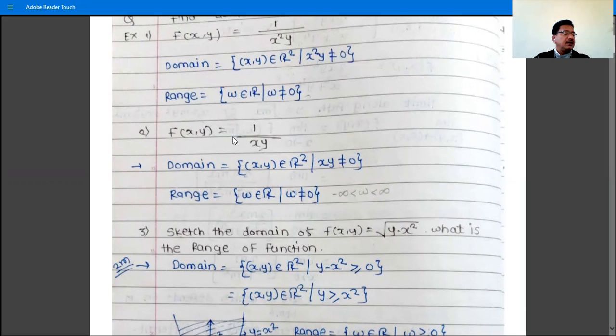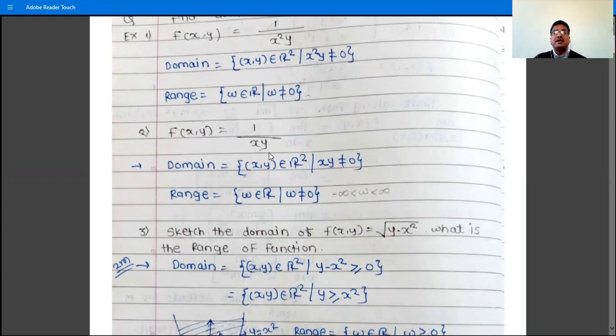F of (x,y) is 1 by x into y. So domain is what? Ordered pair (x,y) belonging to R square, such that x into y is not equal to 0. Similar to this, it is the set of ordered pairs (x,y) such that x into y is not equal to 0. Because if x into y is 0, then what happens?